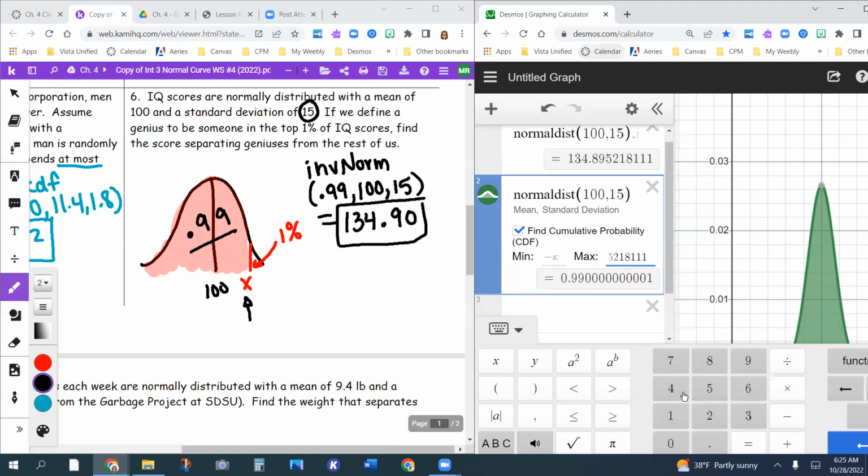And you see I get to that 0.99 if I put that in. And so the top 1% would be on the other side.